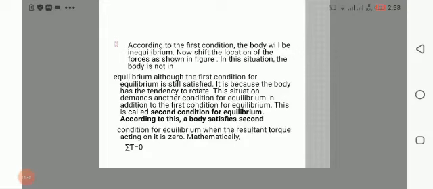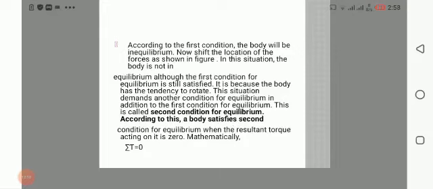Now, shift the location of the forces as shown in the figure. In this situation, the body is not in equilibrium, although the first condition for equilibrium is still satisfied. It is because the body has a tendency to rotate.